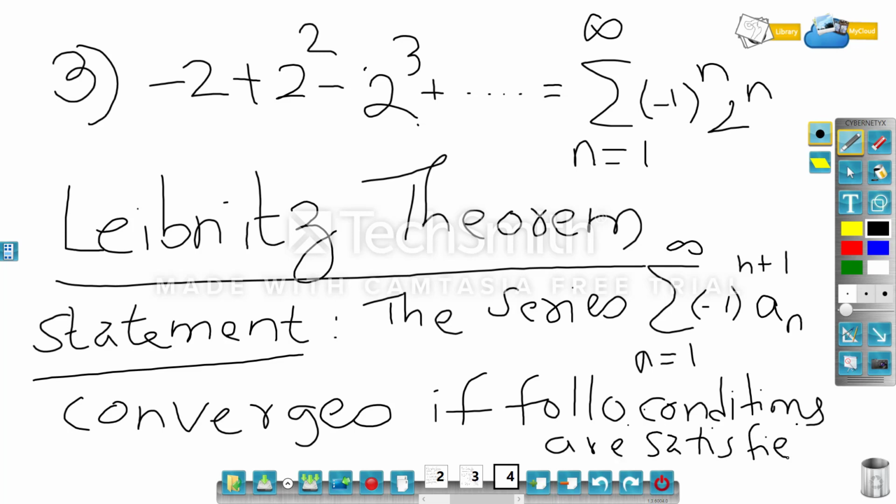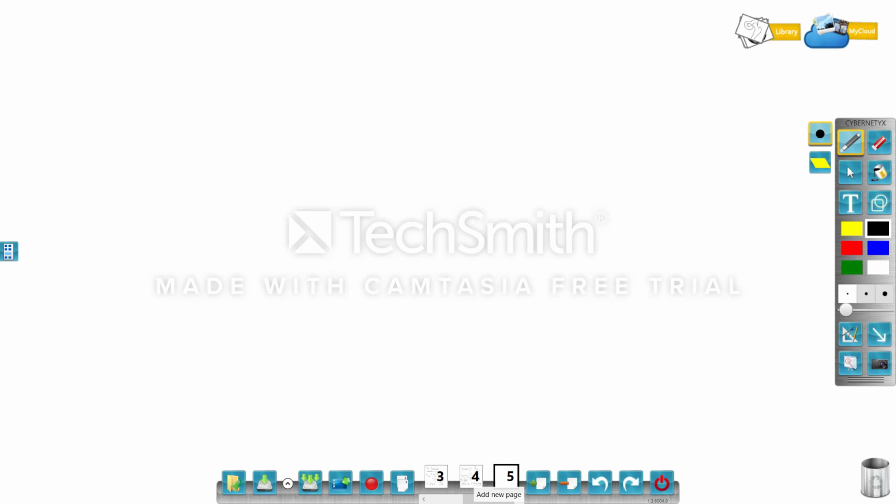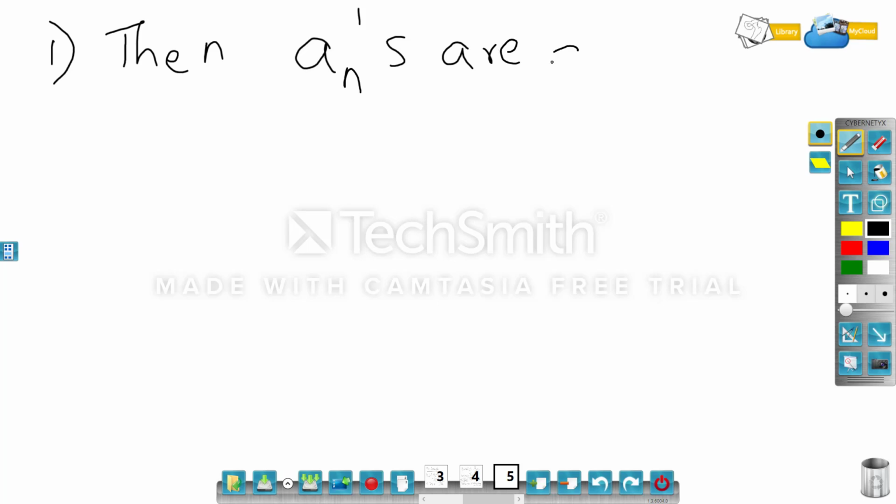So the series is convergent if the following conditions are true. Condition number 1: the a_n are all positive.